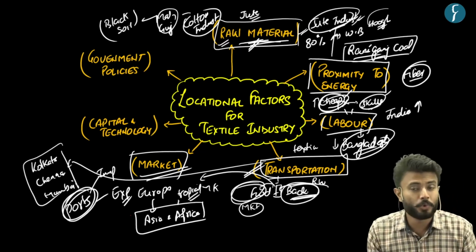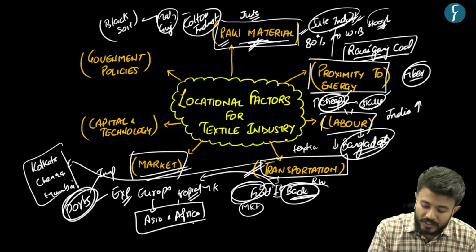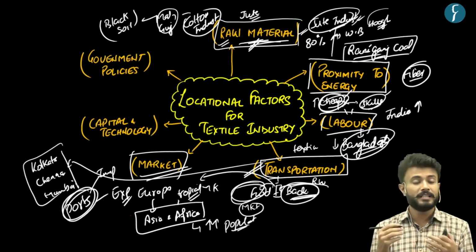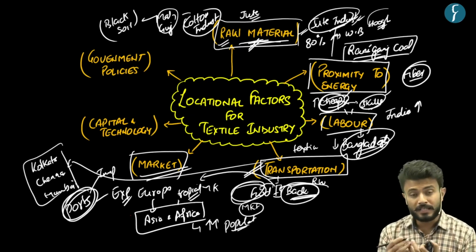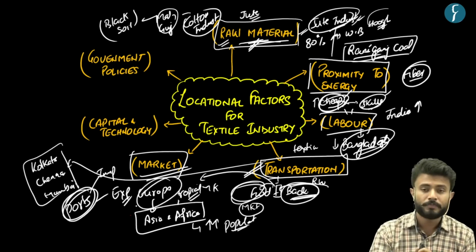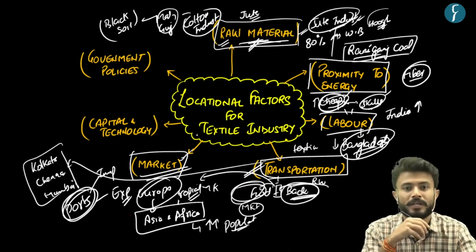So they will require, let's say, cotton clothes. Second, these regions also have a very high population, which in turn will increase the demand, which in turn will be a very potential market for the European countries, right? So this is how the market is important.